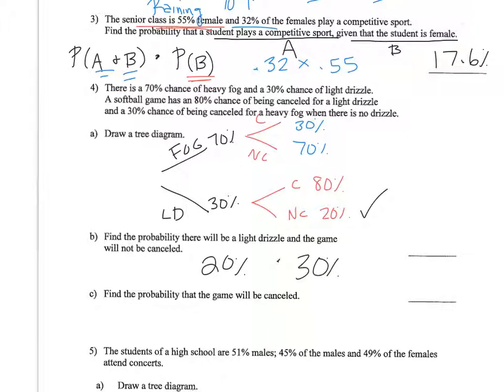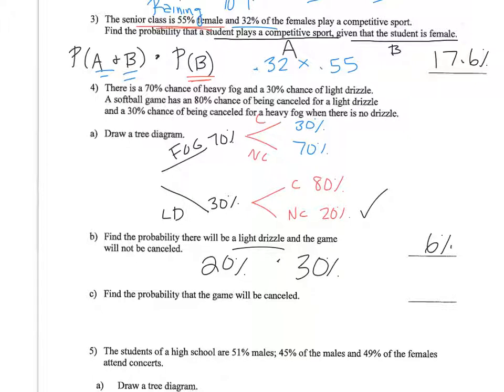That's why you're multiplying it by the light drizzle, 30%. So you do 0.2 times 0.3 and you get 6%.